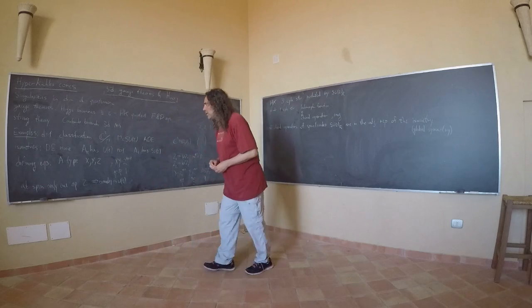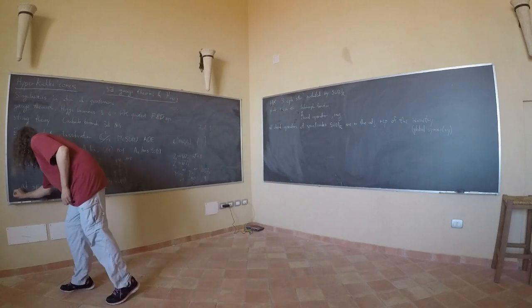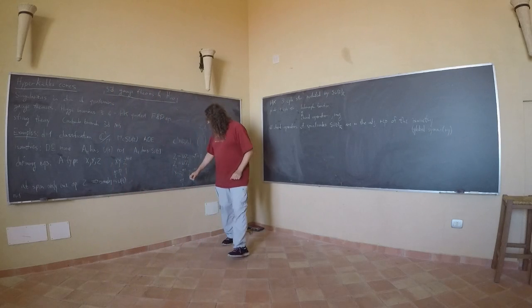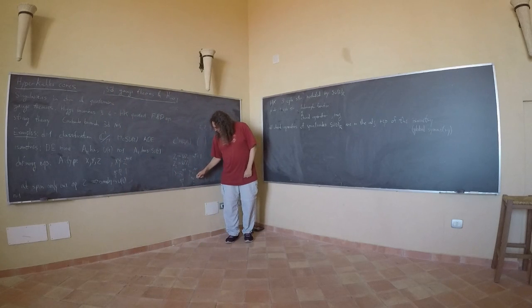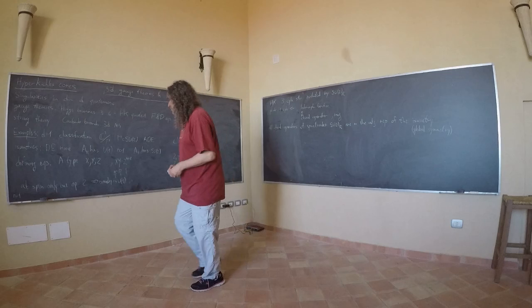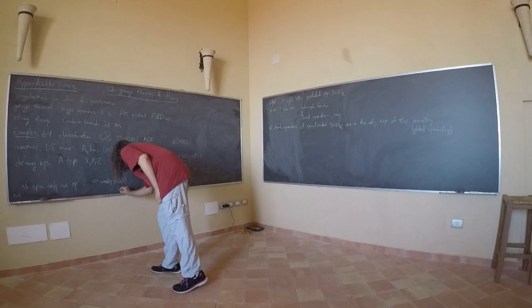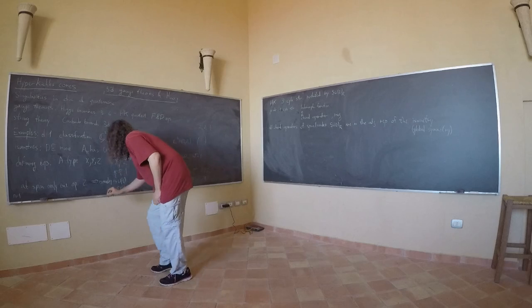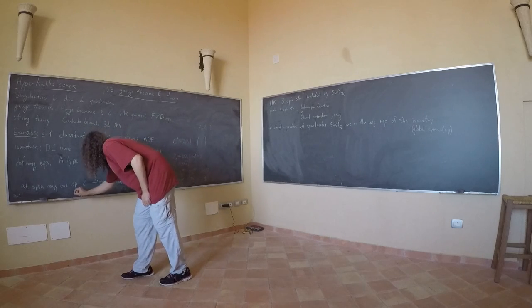And the only exception is n equals 1, where I have 2 more. At n equals 1, x and y also have spin 1, and now they form an adjoint representation of SU2. So here I have 3.